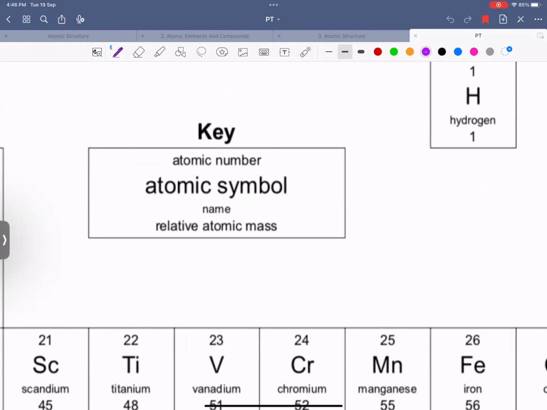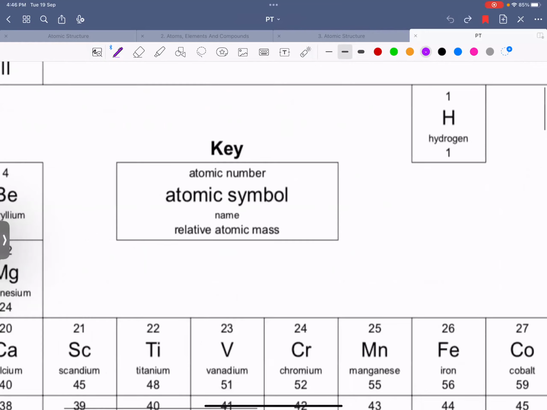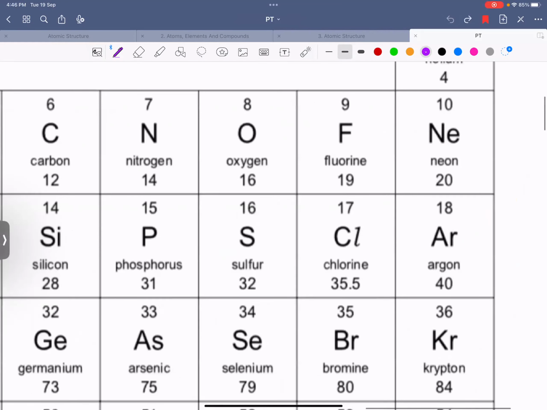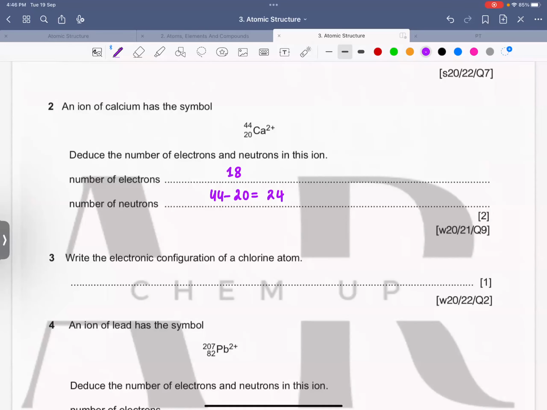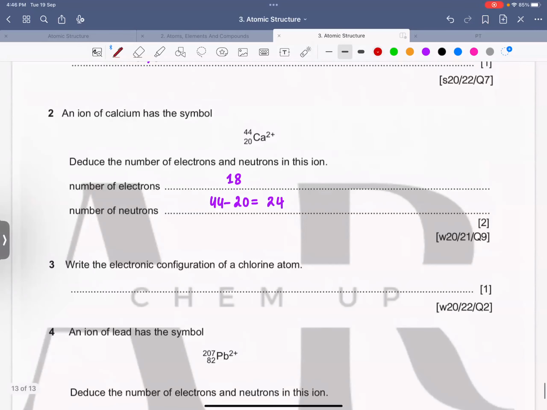So see, this is the atomic number which is equivalent to the number of protons, and this is the relative atomic mass. So how many protons are there in chlorine? 17. So they are talking about a chlorine atom, right? Does a chlorine atom have any charge? No. So how many electrons does it have?